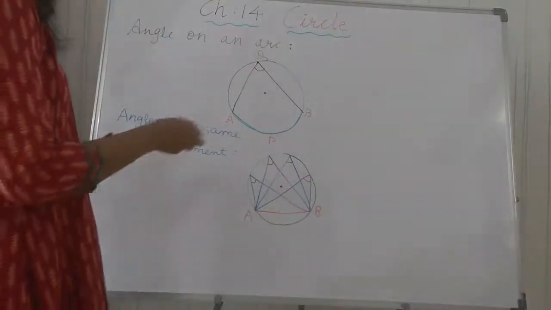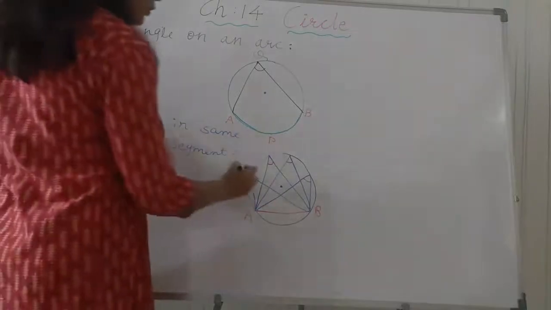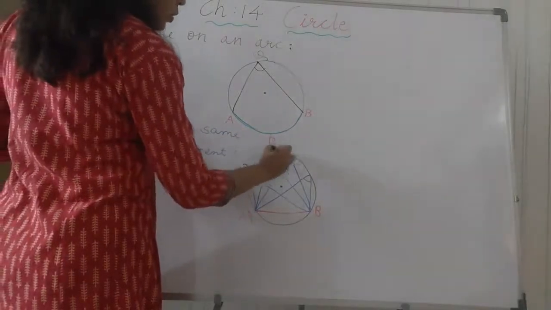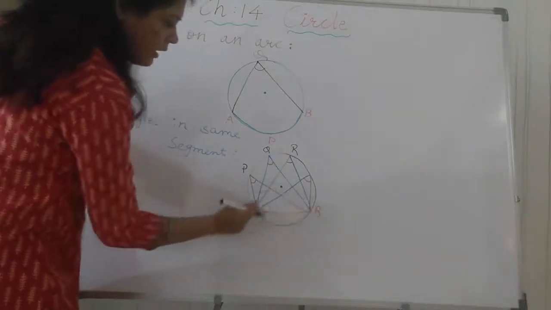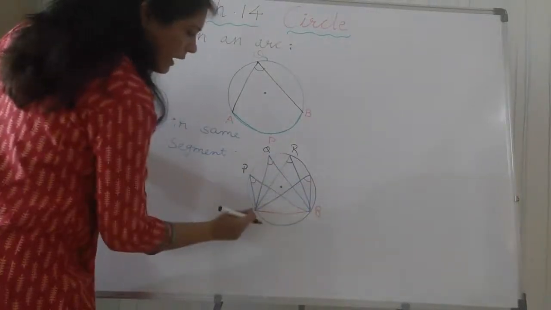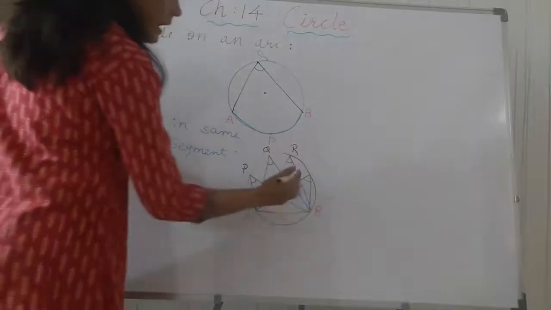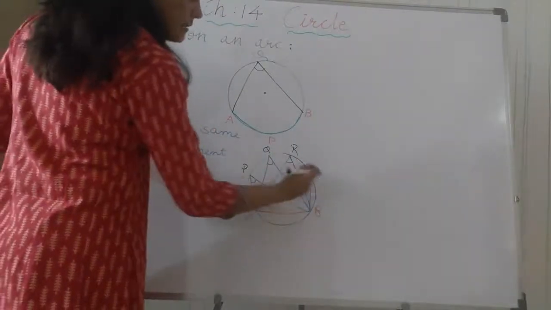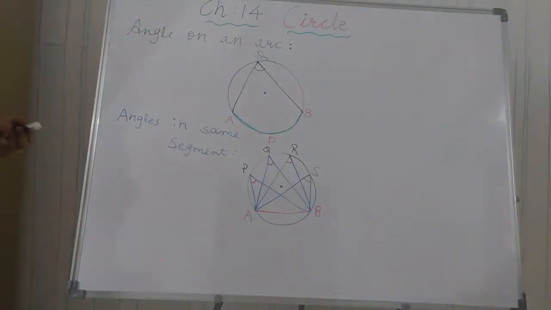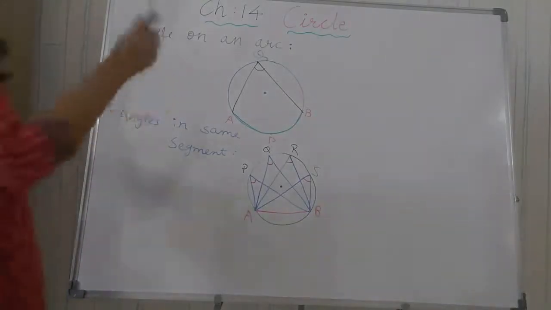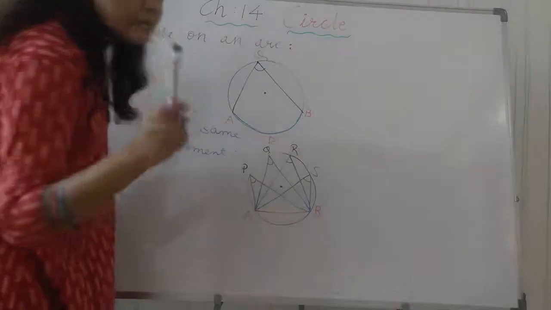Let me give the names here so it will be more clear to you. This is P, Q, R, S. So here angle APB, angle AQB, angle ARB and angle ASB. All these are the angles in the same segment, and the measure of all these angles is always equal.